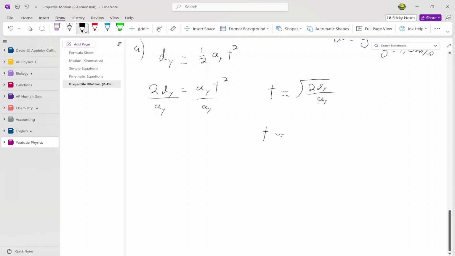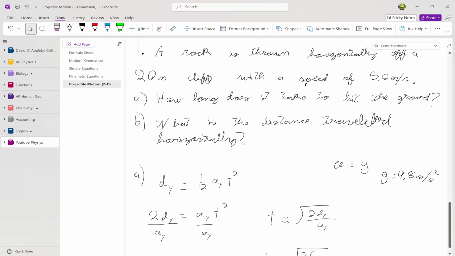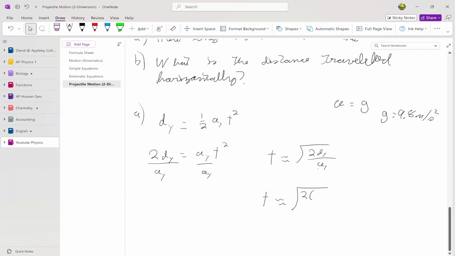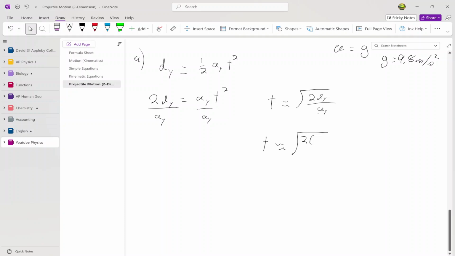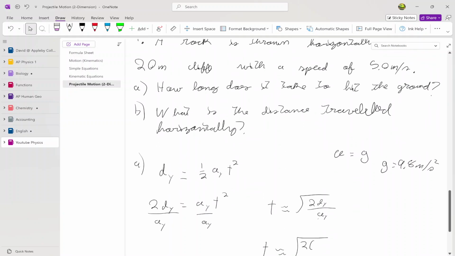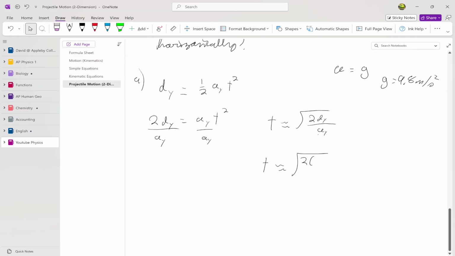So here we can just plug in, so the square root of 2 times the distance. We know the distance because it says right here it's thrown horizontally off a 20-meter cliff, so that's the vertical distance. We assume obviously that it does touch the ground, or else it would just be floating there, right?